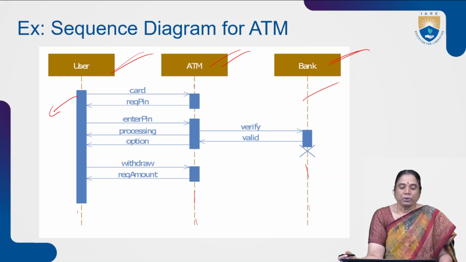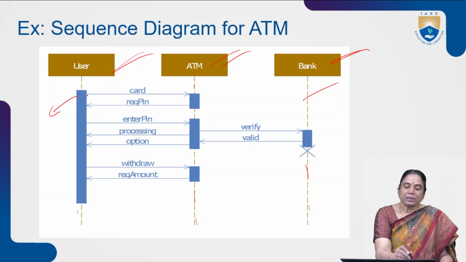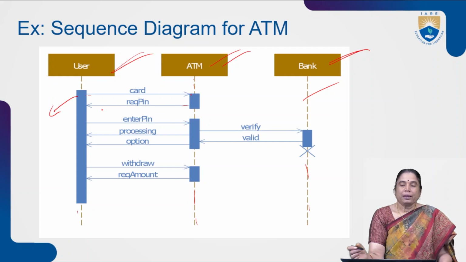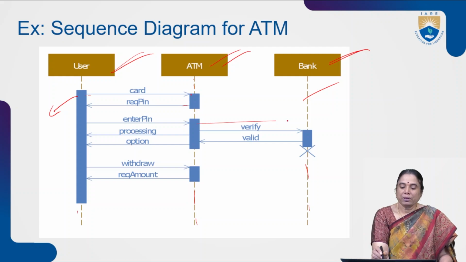So here, the sequence of activities that are carried out during ATM interaction with the user is first initiated by inserting a card by the user and requiring the PIN from the ATM, then entering the PIN so that the ATM can verify the PIN with the bank.